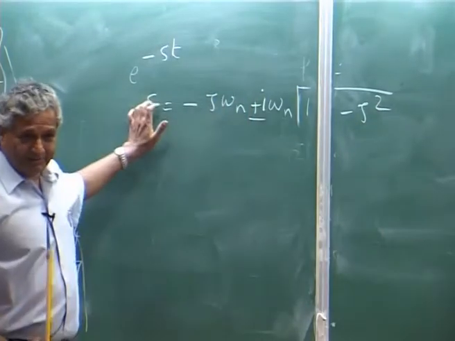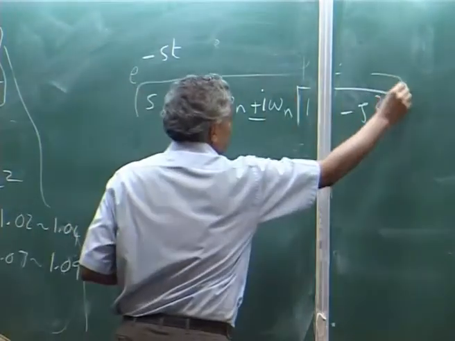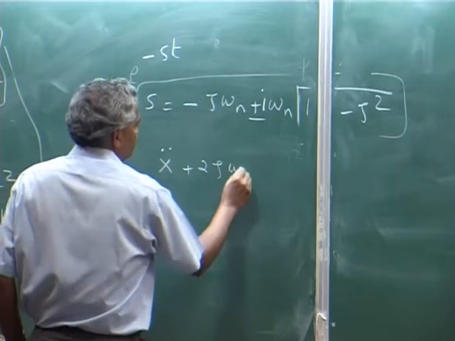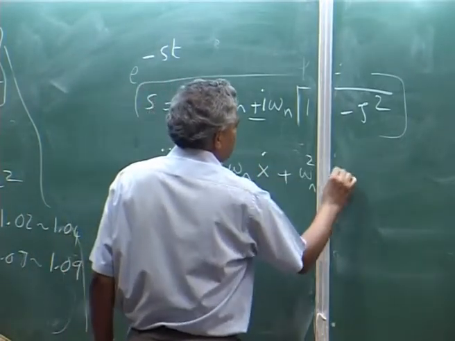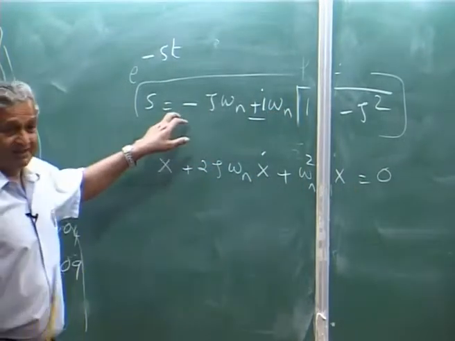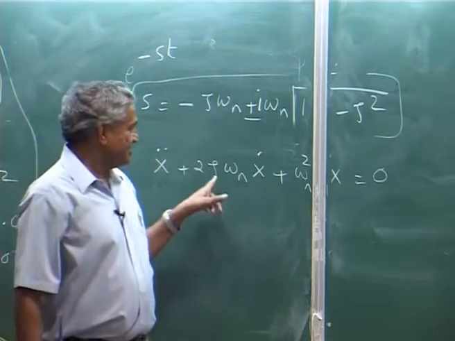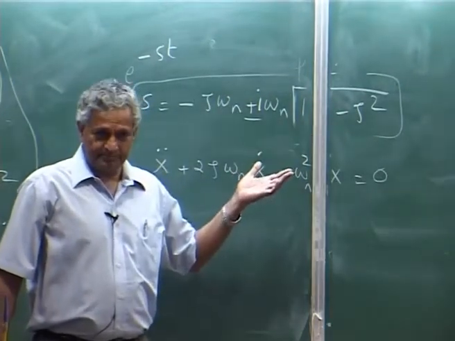You are familiar with this, because this is the equation, x double dot plus 2 zeta omega n x dot plus omega n squared x is 0. This is the homogeneous equation, and the roots are of this form because zeta is less than 1.